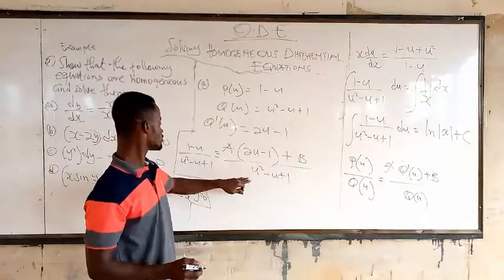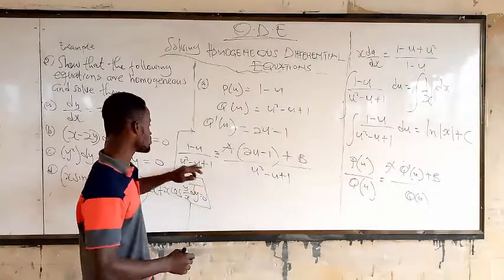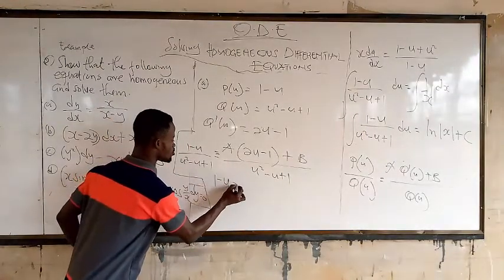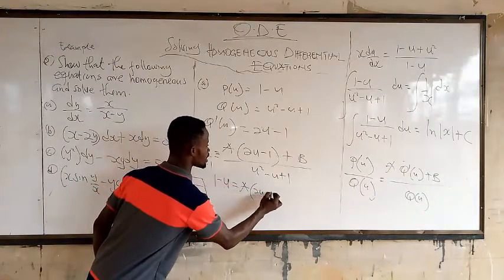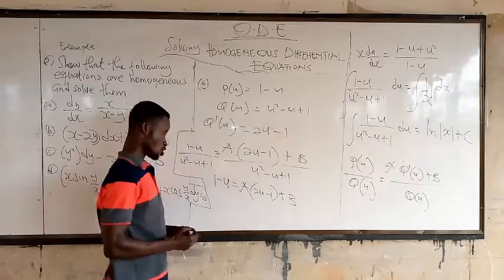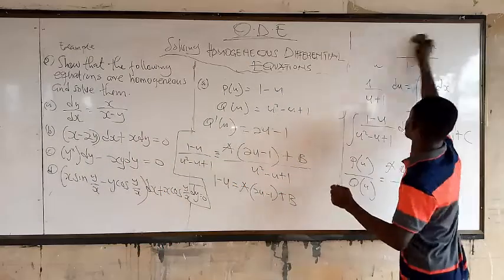The denominators are the same, and if the denominators are the same, we equate the numerators. So we equate A(2u minus 1) plus B. Let's see what we are going to get for that.